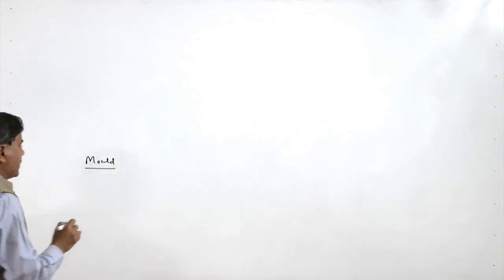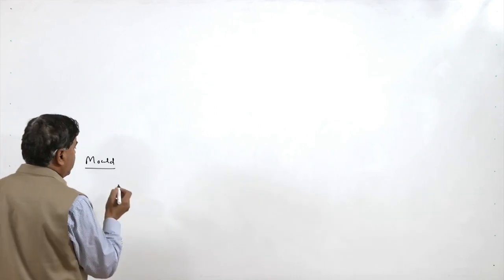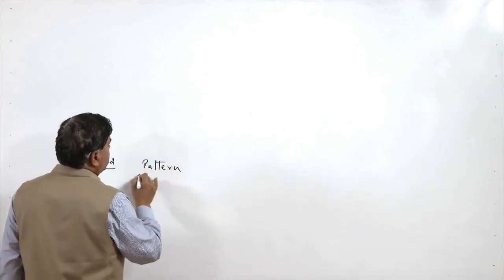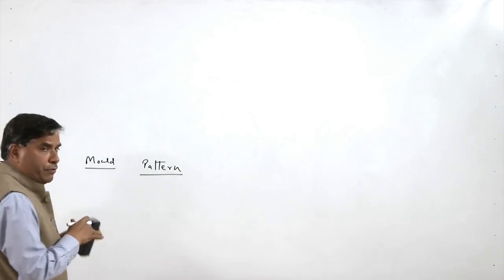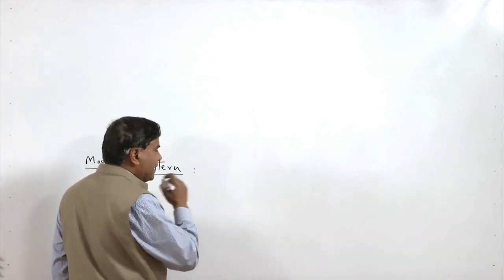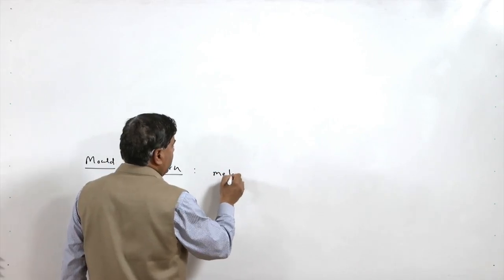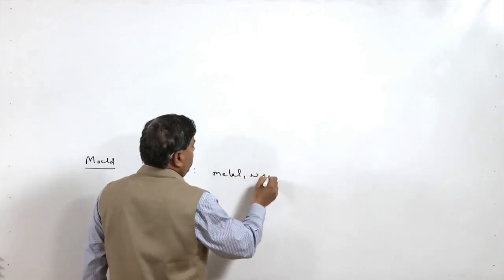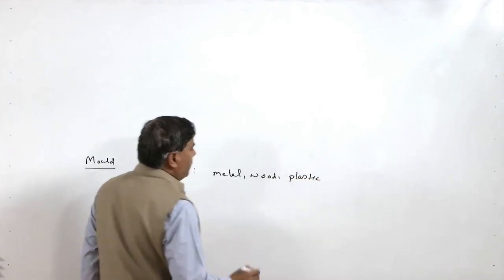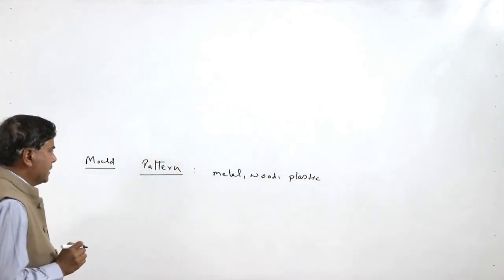in the case of the sand mold casting process, we need a pattern. So, the pattern is prepared first and will be used for making the mold. This pattern, as I have talked about earlier, can be made of metals, can be made of wood, or it can also be prepared of plastics.